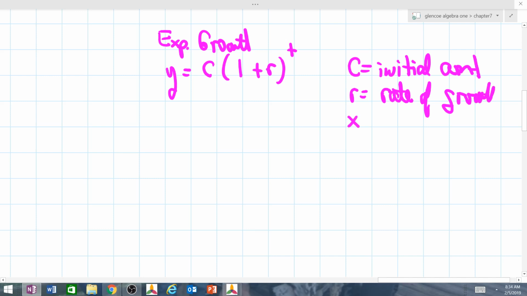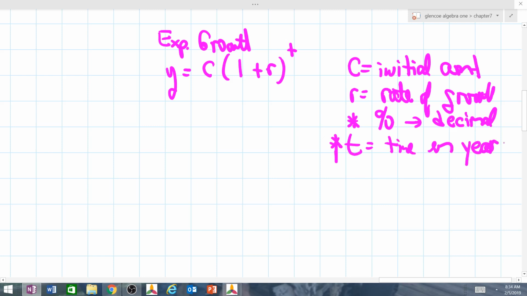And let's give you an asterisk: you have to change a percentage to a decimal. And on time, we're going to give you another asterisk. Time is the time in years. So if it said 6 months, it would be 0.5 or 1/2 years.